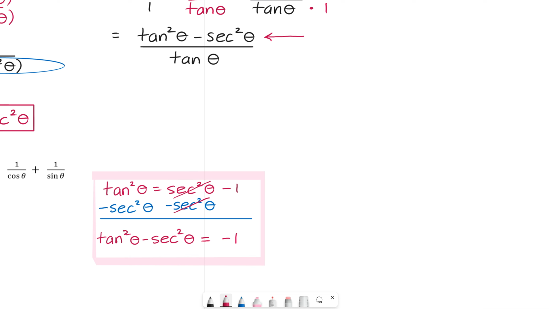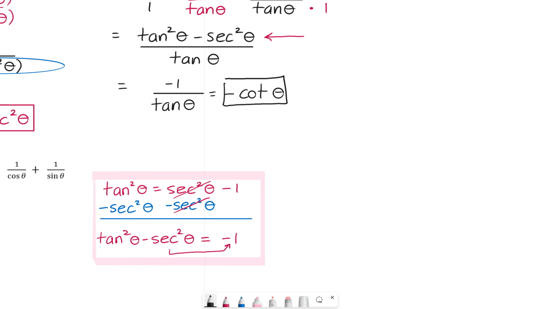So since tangent squared minus secant squared is equal to -1, I can come up here and replace my numerator with a -1 over tangent theta. And -1 over tangent theta is just going to be negative cotangent theta. And that's my final answer for this problem.